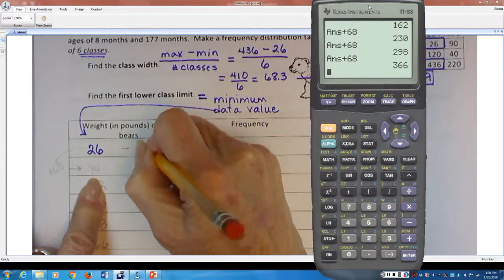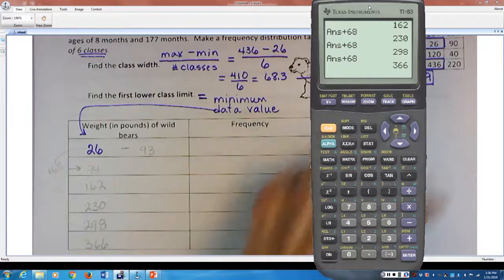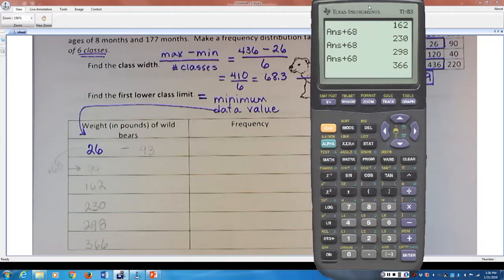But we'll say the nearest whole number, because these are all whole numbers in our data, would be 93, although it really would be 93.9999999, because a bear might weigh 93.9999999 and still not weigh 94 pounds and have to go to the next class, okay?